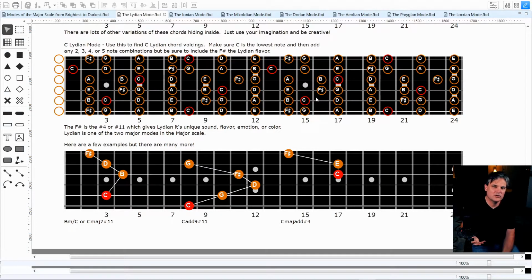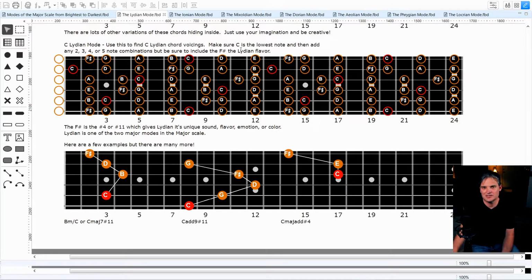Modal chord voicing is one where you include certain notes to bring out the characteristics of that mode. So in the case of Lydian, that's the sharp 4 or the sharp 11. The first thing you want to do is make sure that the root of the mode is the lowest note.